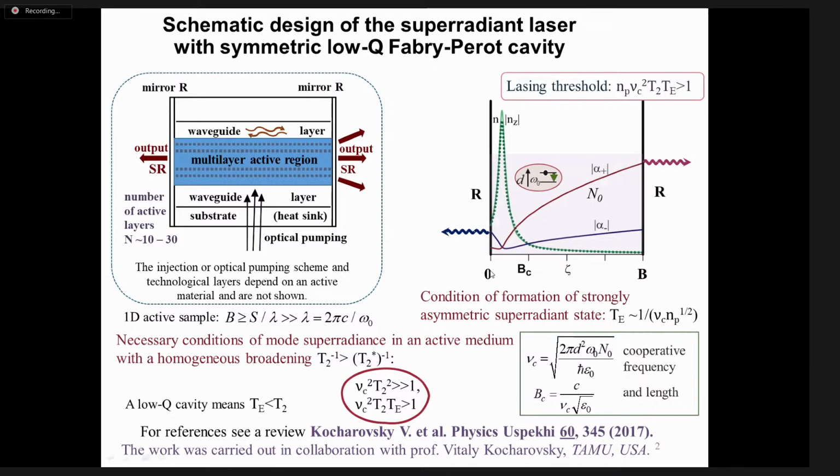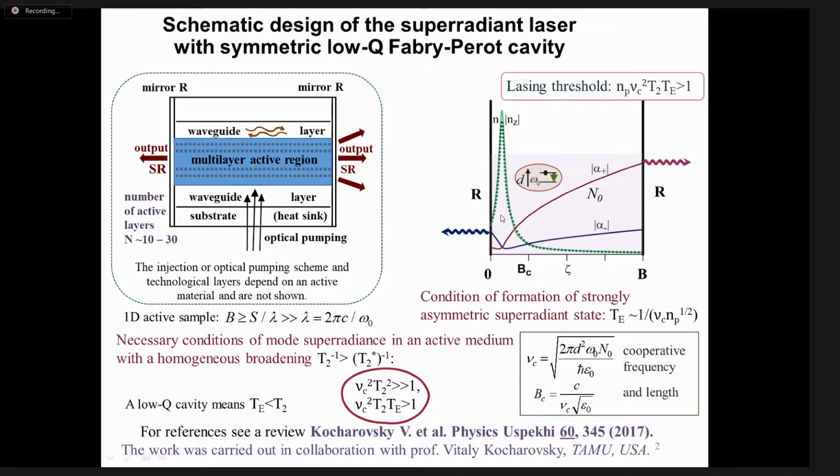At the plot on the right, you can see that there could appear a situation where the wave traveling from left to right becomes much stronger than the counter-propagating wave alpha minus traveling from right to left. And they produce a population inversion grating, a half-wavelength grating, close to one end of the cavity.